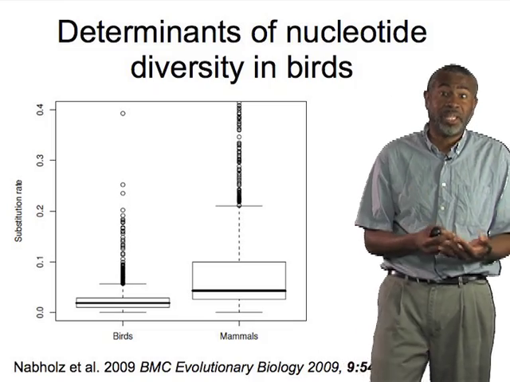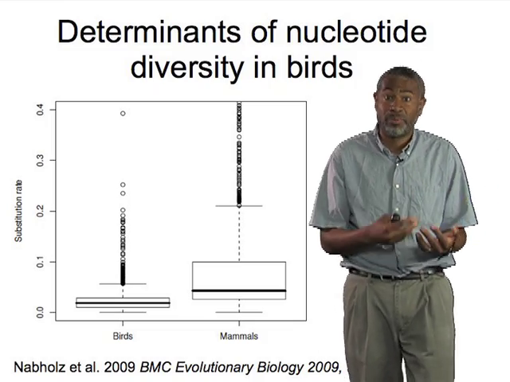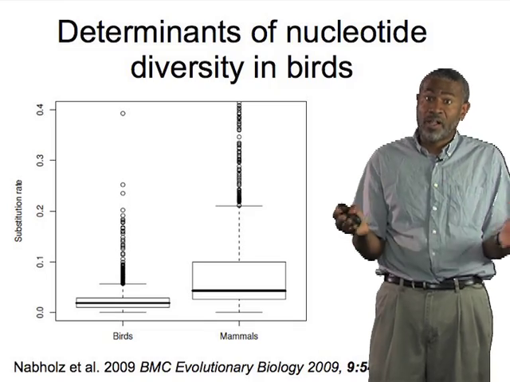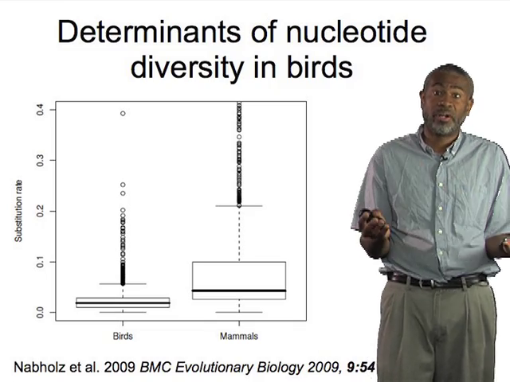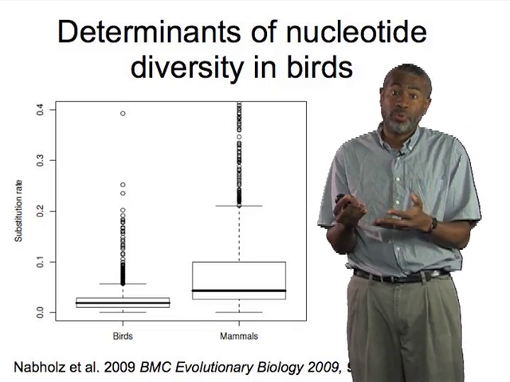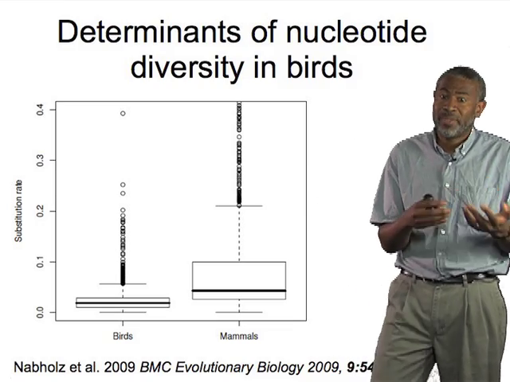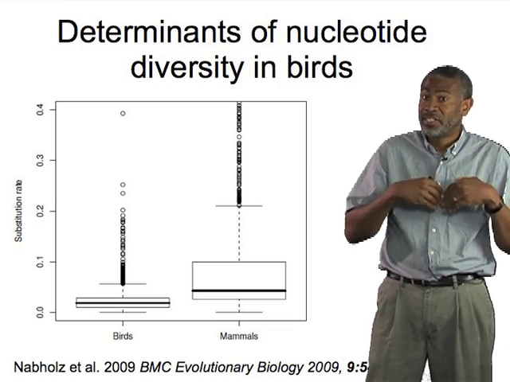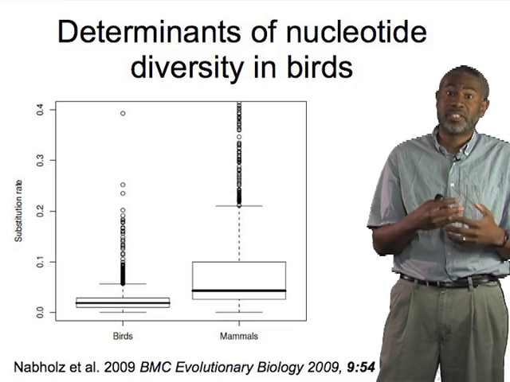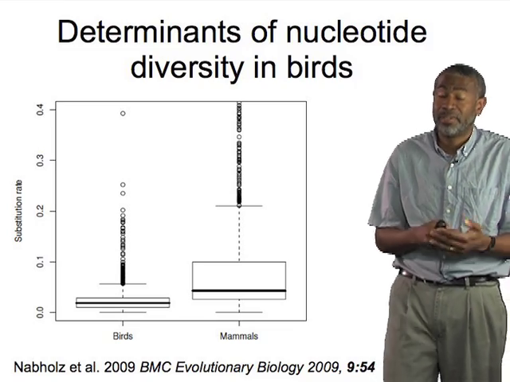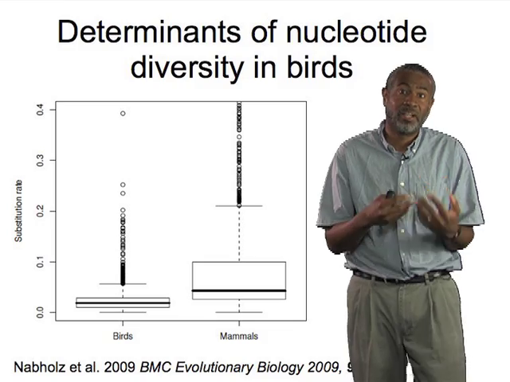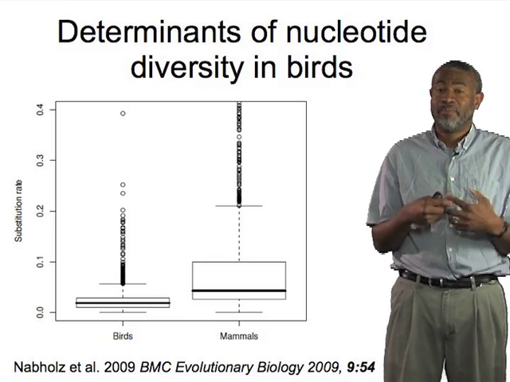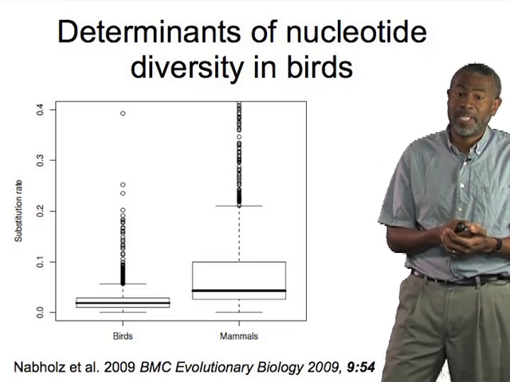It may also be that birds have a lower mutation rate overall across their genome, across all their loci, than do mammals. And so, again, teasing out these different sources of differences in nucleotide diversity can be very challenging, but it's a really essential part to understanding what this simple statistic might mean.